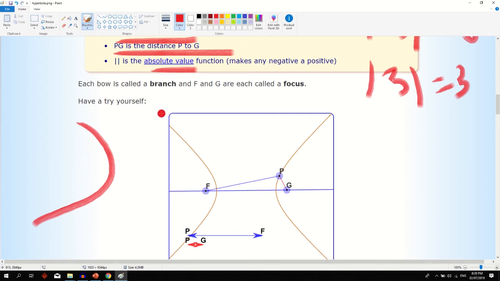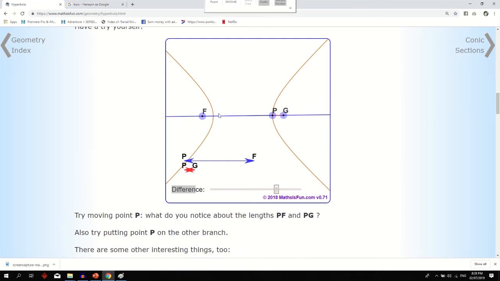So try it yourself. We'll go back here. You can see the point is here. Look at the distance between G and F. You can see it is constant, no?